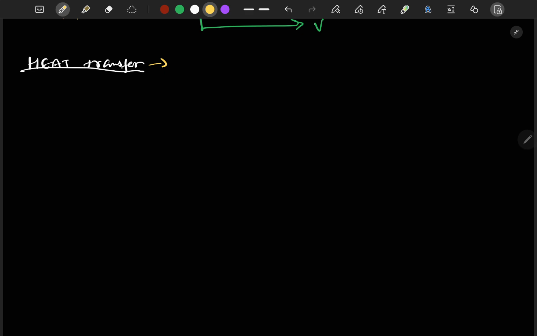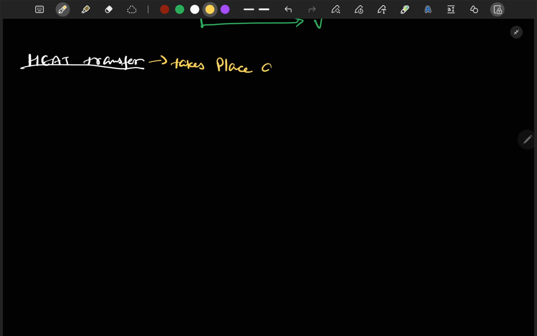So heat transfer takes place by virtue of temperature difference. This is the definition of heat transfer.